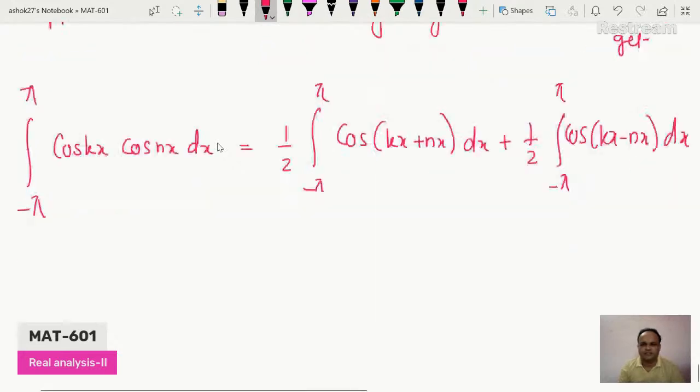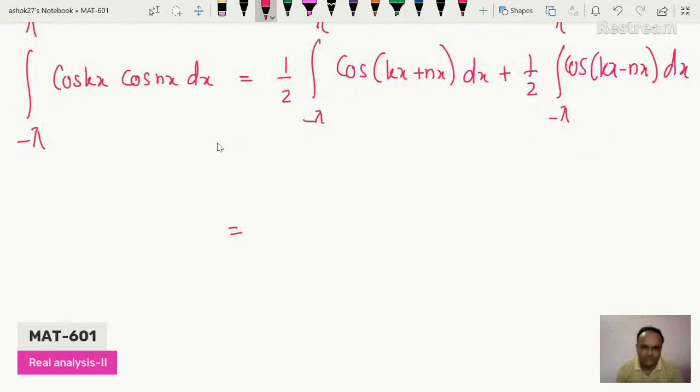So you can integrate these two integrations, usual integrations. What is the value of the first integration?